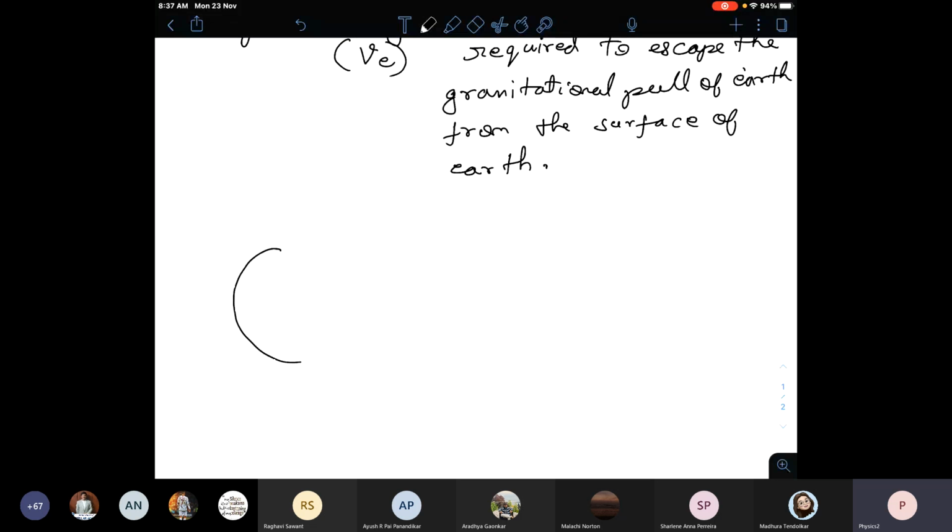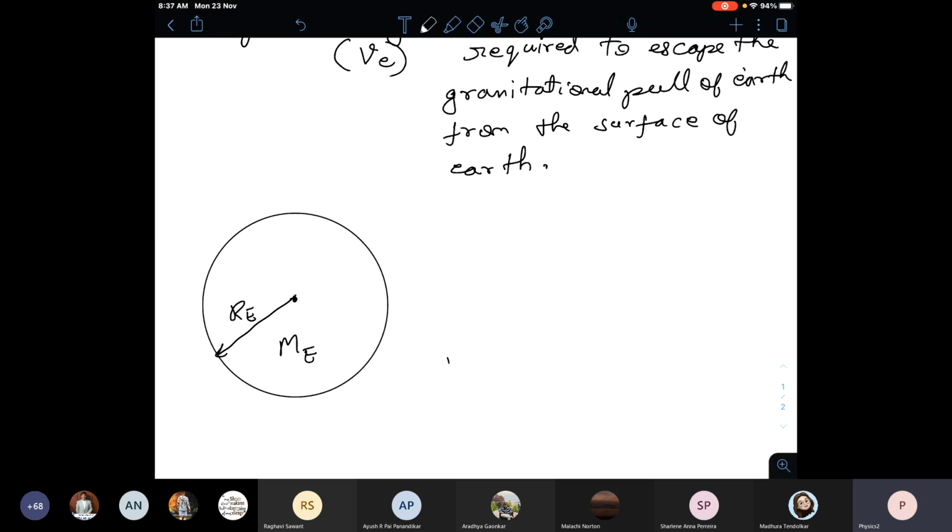Just see. Suppose this is Earth. Mass of Earth is Me. Radius of Earth is Re. Let's write it capitally. So this is Earth, mass is Me, radius is Re. You know the values, that is a different matter.